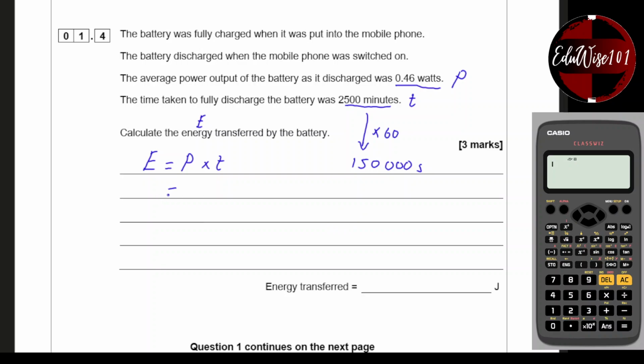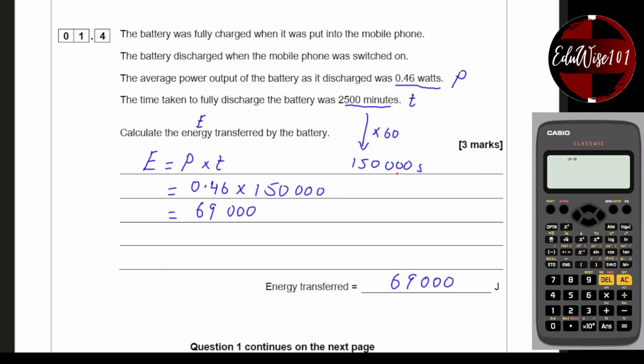So the energy transferred is the power, which is 0.46, multiplied by 150,000. That gives you an answer of 69,000 joules. Again, looking at the marks available, it's 3 marks.